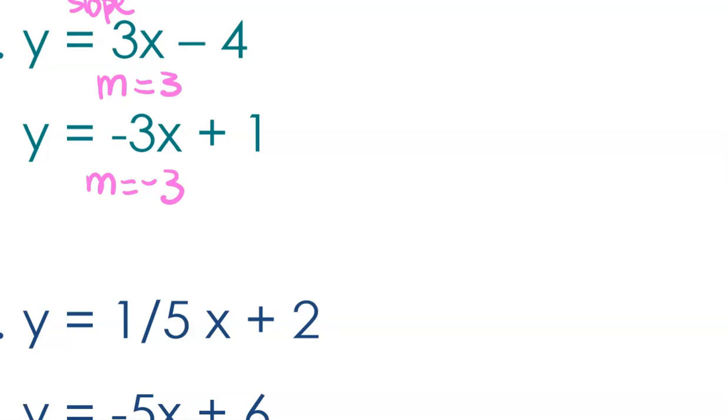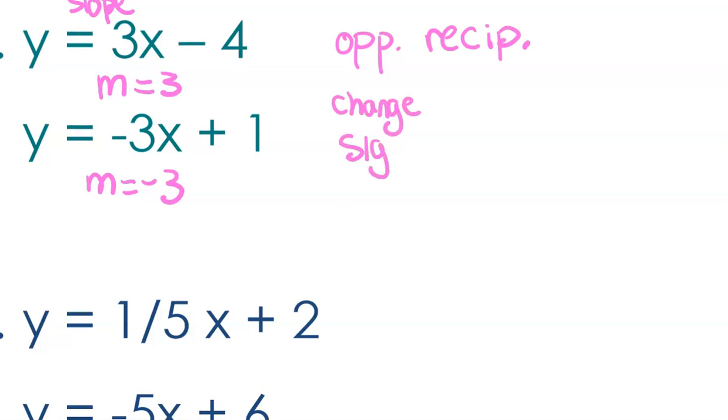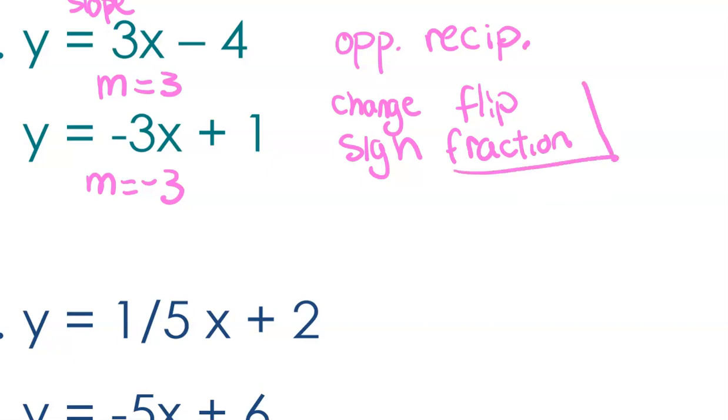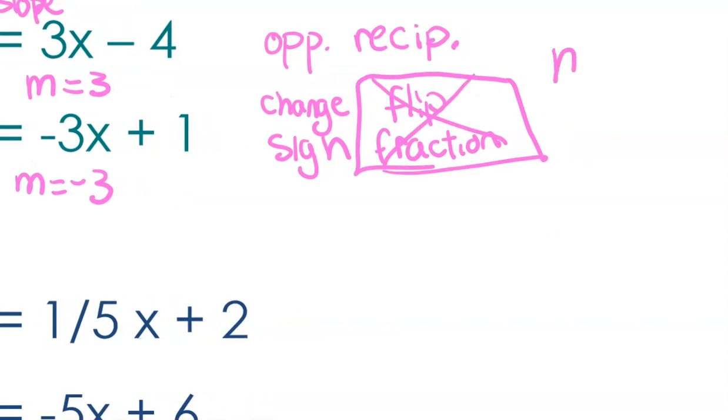Remember, perpendicular lines have to have opposite reciprocal slopes, meaning not only do they need to change signs, but they also need to flip the fraction. In this case, they did change signs from 3 to negative 3, but the fraction did not flip. So that does not work, and these are going to be neither.